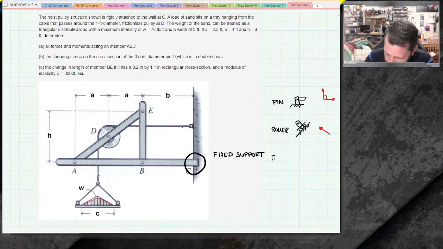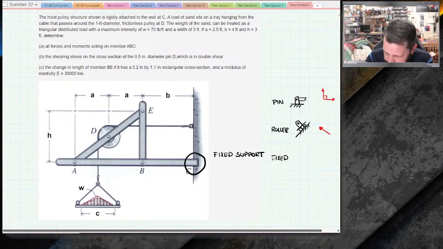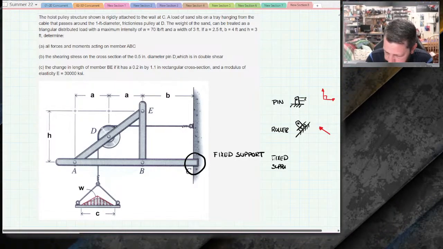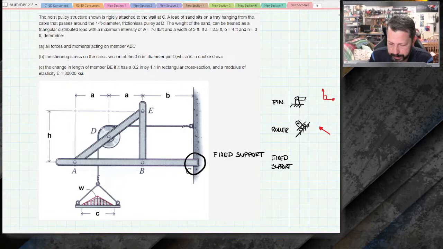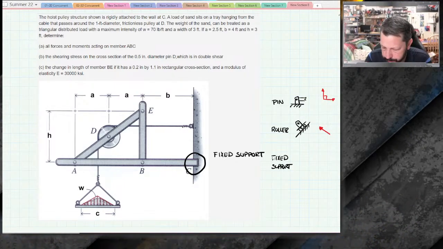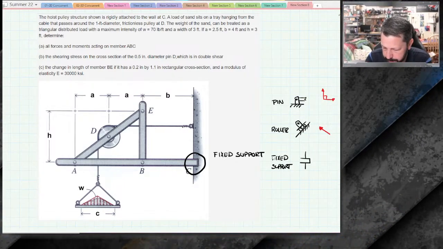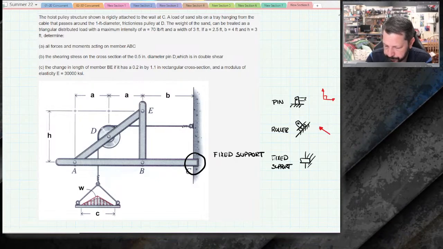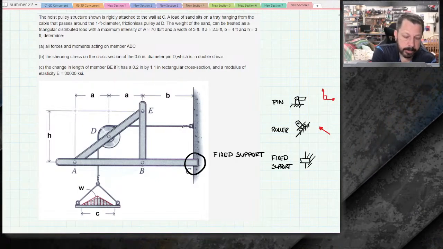And these fixed supports, this is a new one. They're going to look different ways. A lot of times they're going to look like this one, though, where they're kind of embedded in a wall. They actually have three reactions.